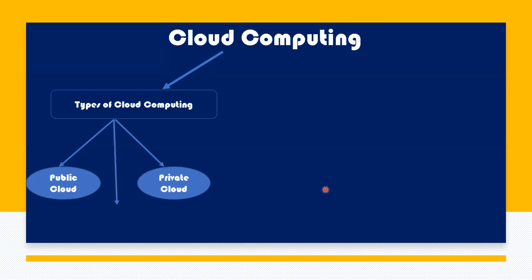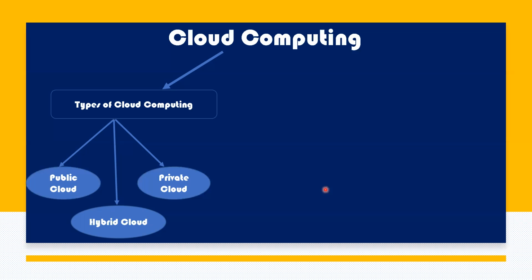Another one is the hybrid cloud type. Hybrid is a combination of public and private. Some companies plan to use that. For example, user applications should be in the public cloud, and databases should be in the private cloud, because the backend information should be very secure.